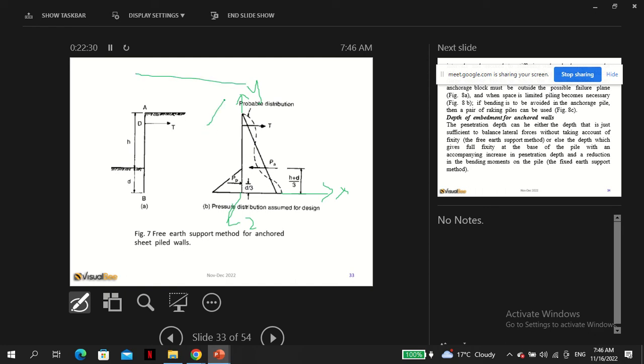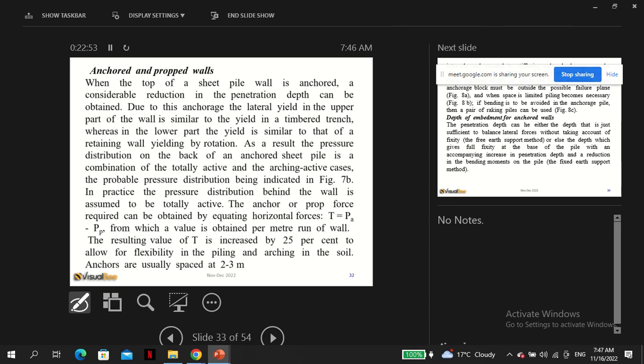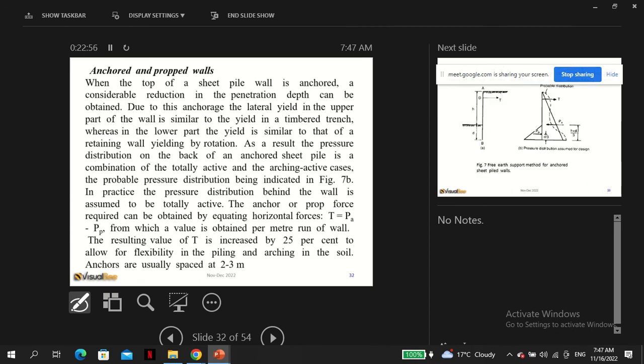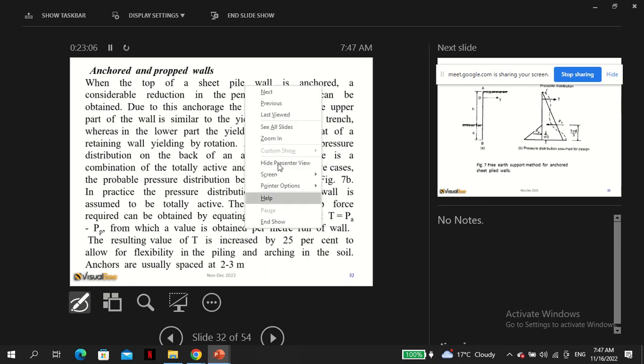That means you can put an anchor here, an anchor there, an anchor there, and these distances are 2 to 3 meters, because the force we are calculating here is per unit meter run of the wall. So you have to consider the actual length of the wall in the direction perpendicular to your eyes.